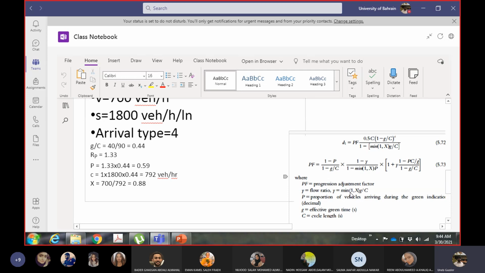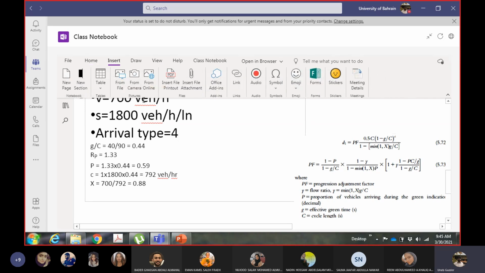Gamma is the minimum of 1 or X into G by C ratio. So X obviously will be taken here. X is how much? 0.88. So 0.88 into G by C ratio. How much will the gamma be?